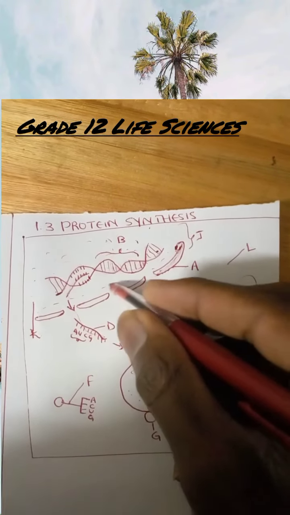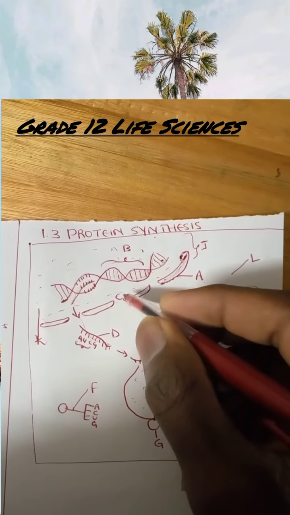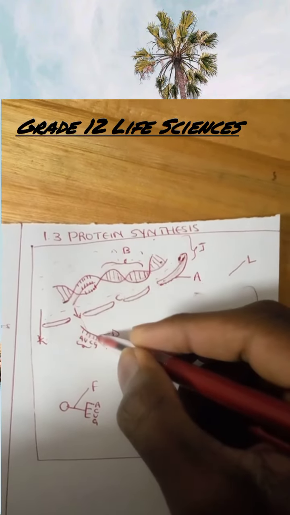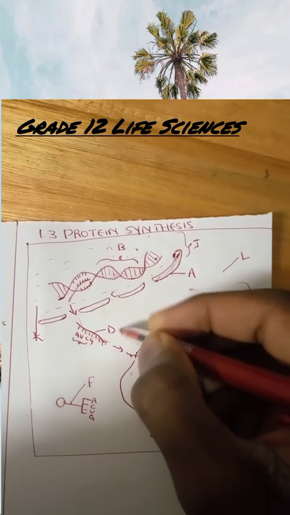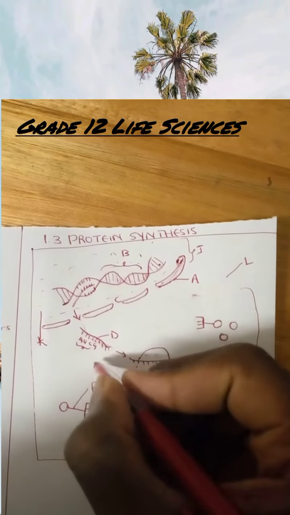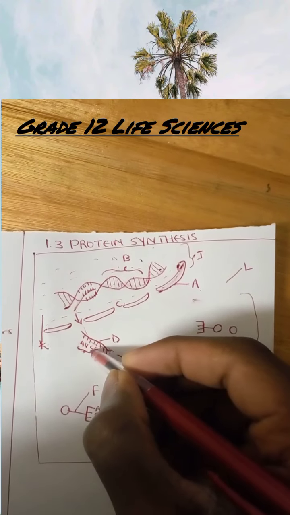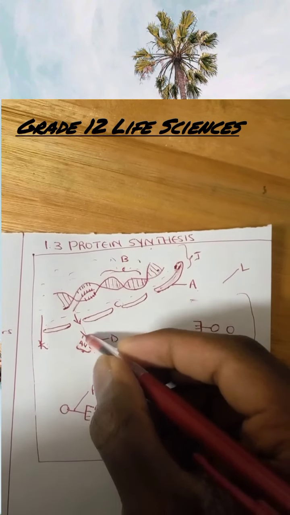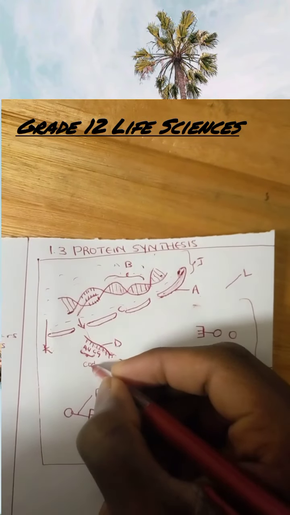So it passes through this letter C. The letter C here is called the nuclear pore. So it passes through the nuclear pore, and this is still the messenger RNA. The triple bonds on the messenger RNA are called the codons.